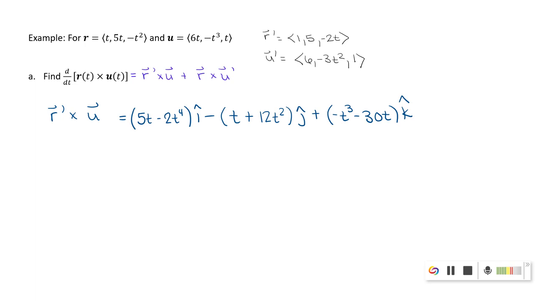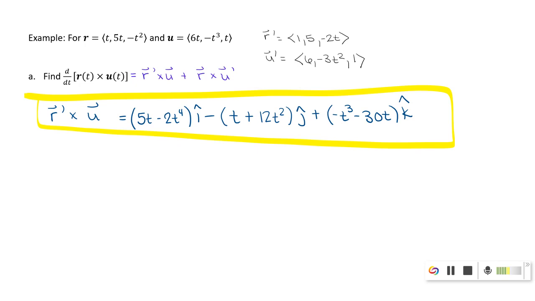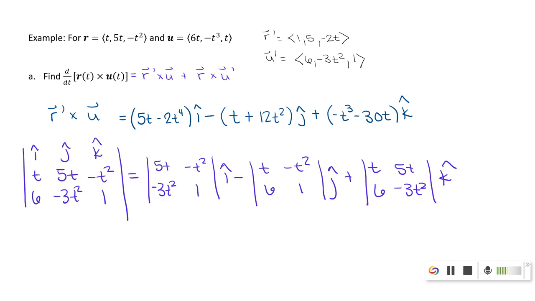All right, so I just erased so I had more room and copied down my answer. So there's my answer for r prime cross u. And now I have to do r cross u prime. So I'm going to make sure that I put the function r right underneath my i, j, and k. And then, here we go, u prime goes into the third row.